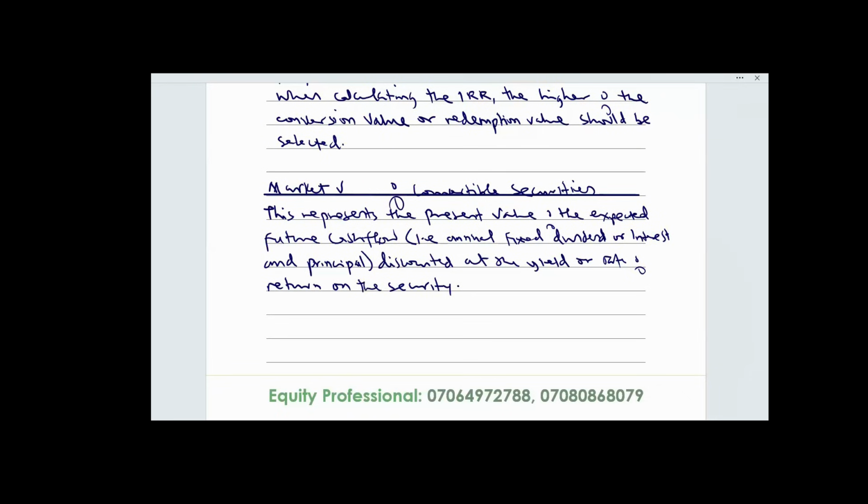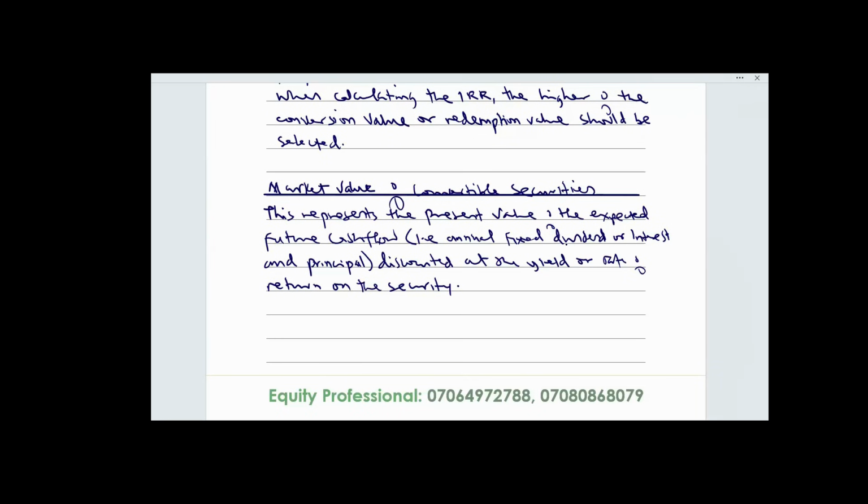Anytime you are asked to calculate market value of convertible security, just go ahead and calculate present value. That's all. Because market value of convertible security is the present value of the future cash flows. The future cash flows are in two. One is the fixed interest or fixed dividend, depending on whether you are talking about preference share or debt.